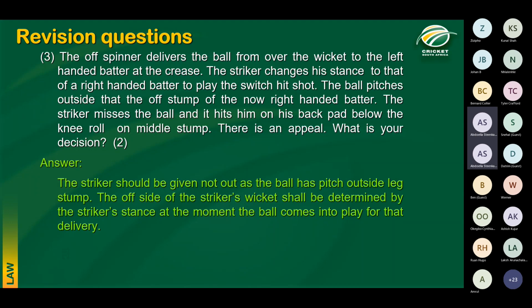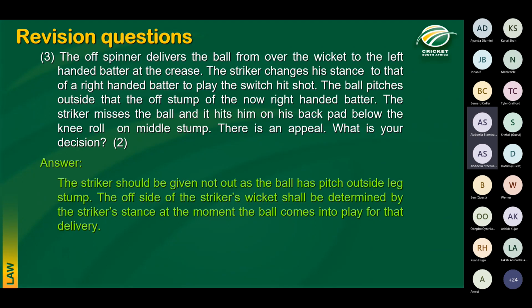You need to consider as soon as that bowler took his first step, which was the offside and which was the left side. This was a left-handed batter when the bowler took his first step, and when it pitches, it pitched outside the leg stump of the left-handed batter.